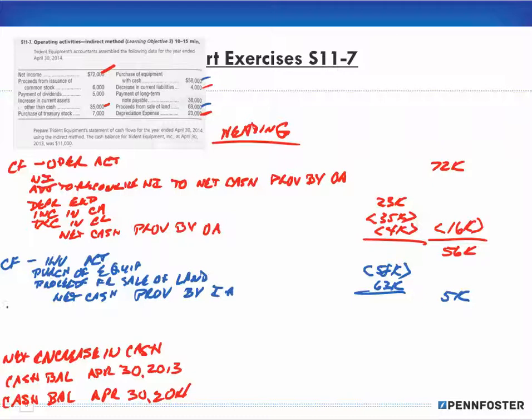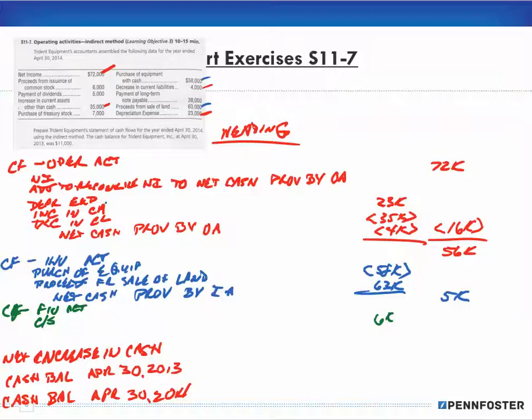So in green here, I'm going to do cash flow from financing activities. And then we have proceeds from the common stock. I'm just going to write CS because of space limitations here. Common stock of $6,000.